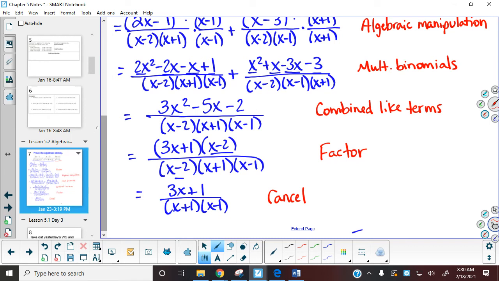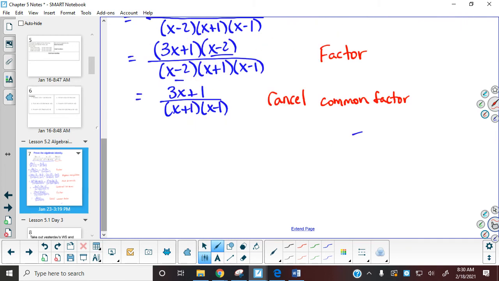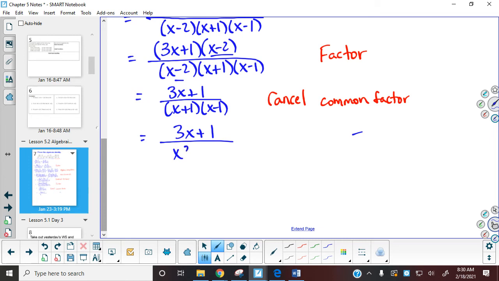Cancel common factor. And then your very last step is going to be to go ahead and combine that denominator, because again, we want to get where we have exactly what is on the right-hand side. So this is going to simplify to be x squared minus 1, and what we did there is we multiplied the binomials.